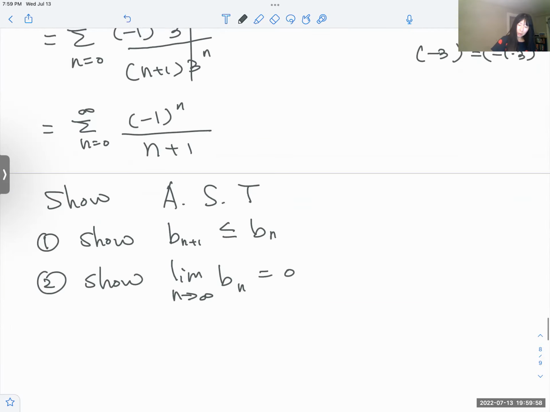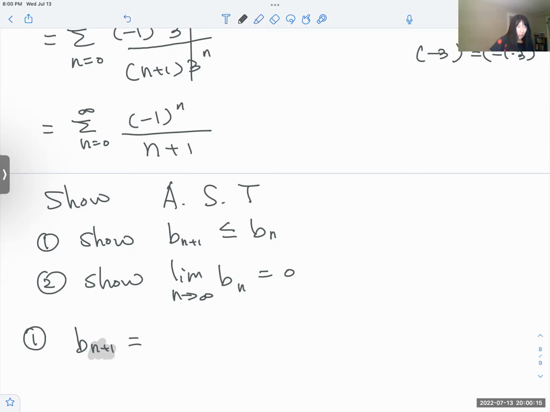Okay, so first of all, b sub n plus 1. Nothing special, we just substitute n plus 1 into n, right?